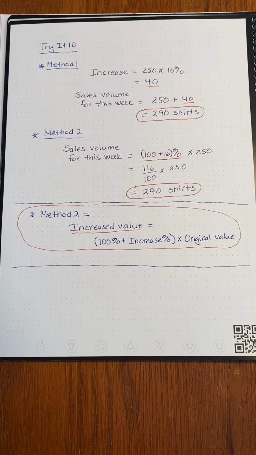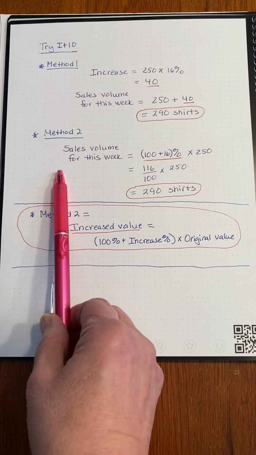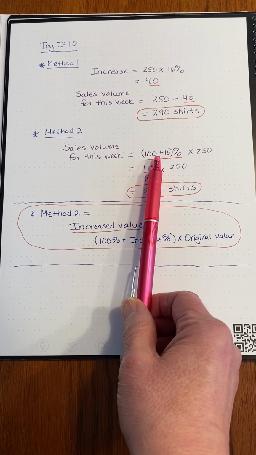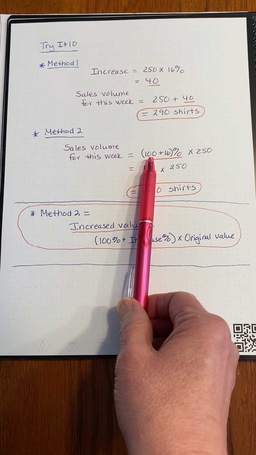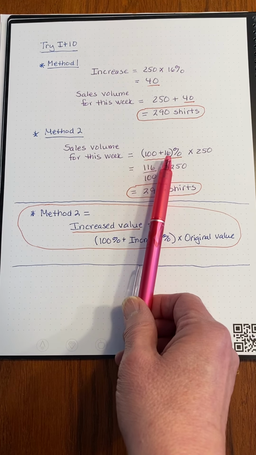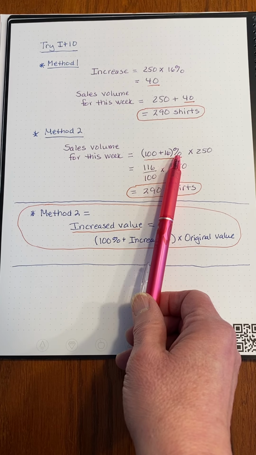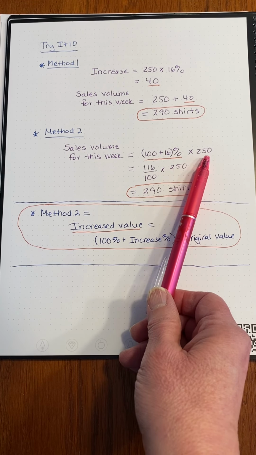Another way we can do this is method 2, and it seems like our textbook likes this method. So what they do for the sales volume for this week is they take the 100% from last week that they sold, add the percent of increase, so 100 plus 16% times 250.